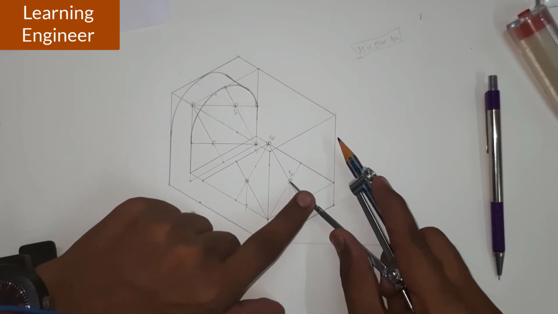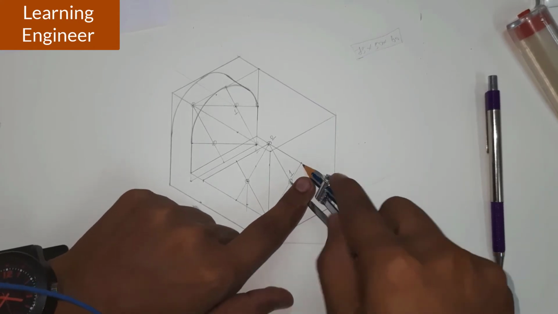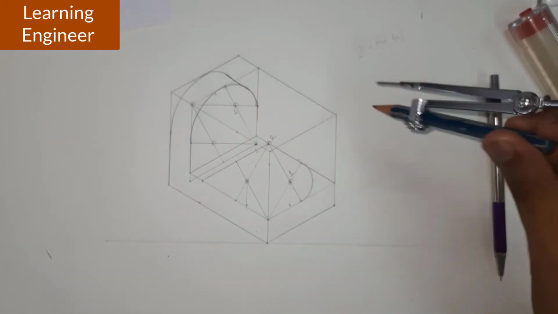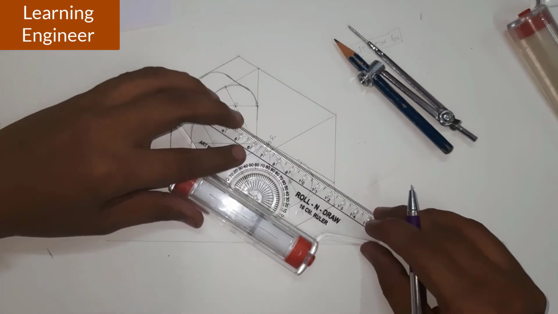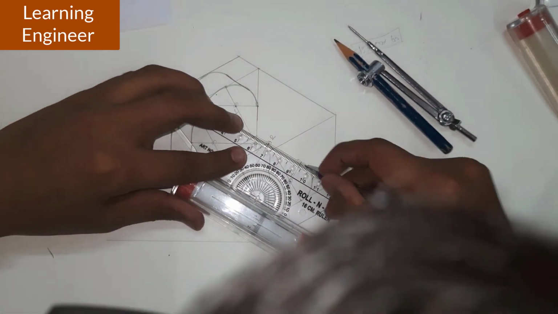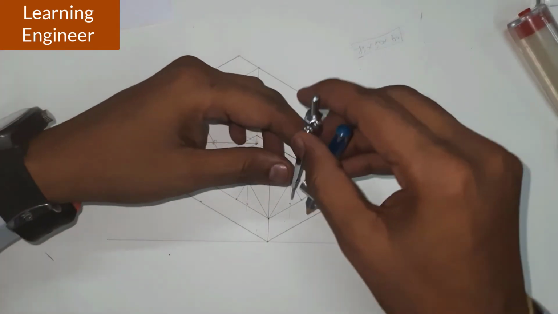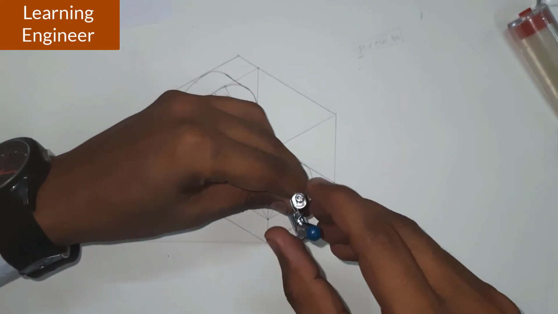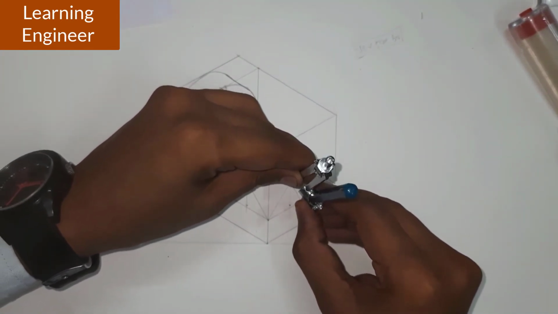Now you can see, this much radius I have taken and I am making the arc. And we have to come below by 15 mm and draw the same circular arc by taking the same radius.